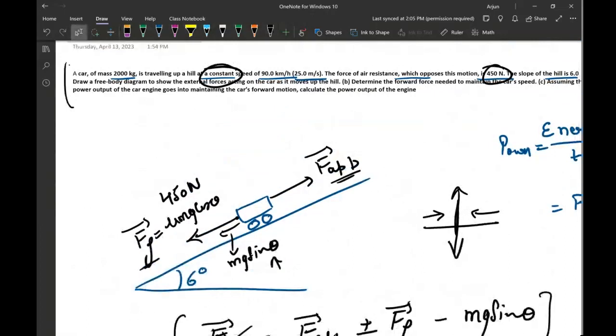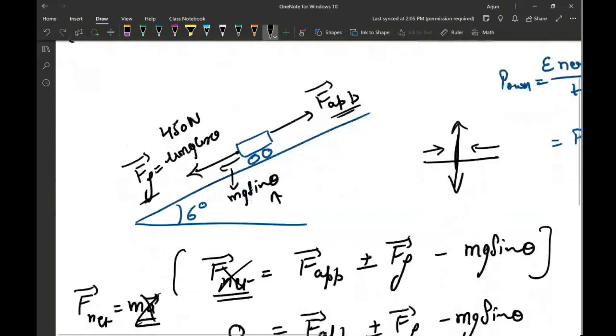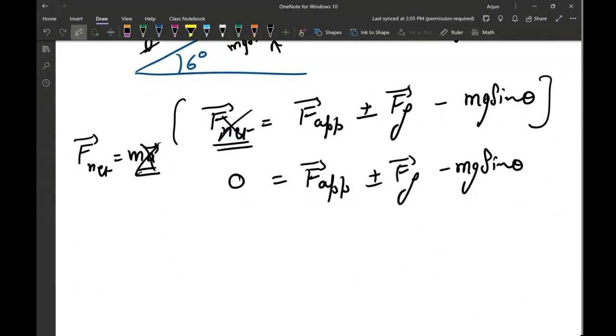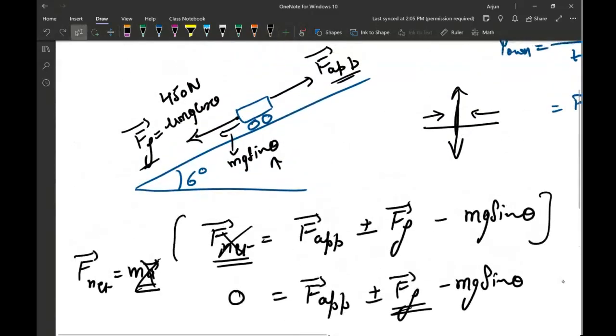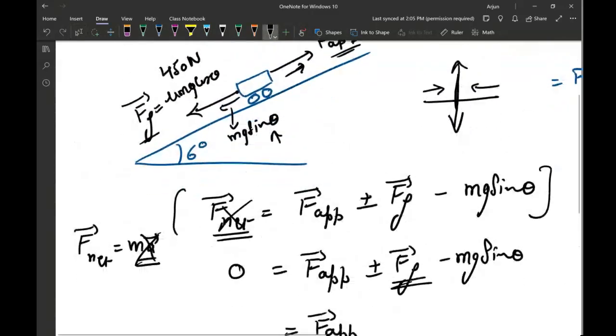Now let's look into parts B and C. Determine the forward force needed to maintain the car speed. We want to find out the forward force. What does that mean? That means we are looking for the applied force. The applied force in this case will be equal to, this force of friction will act in the downward direction because the body is trying to move in the upward direction.